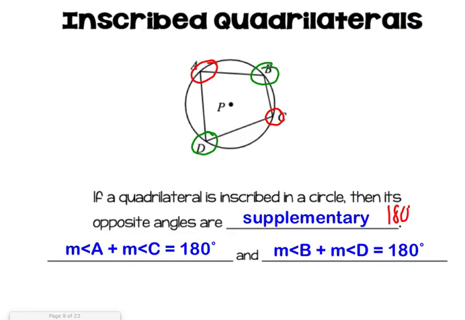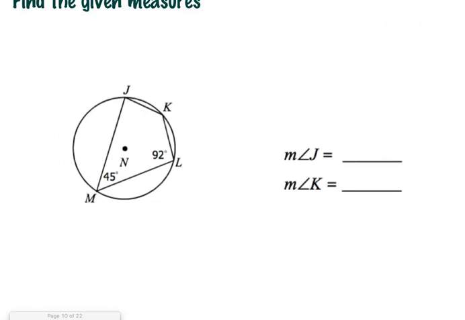So let's try a few examples with that property. Just given the measures, find the measure of angle J and the measure of angle K. So if we look here, we start with angle J. Let's back up a minute.